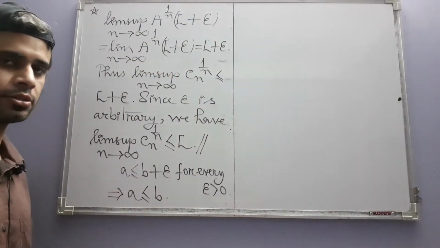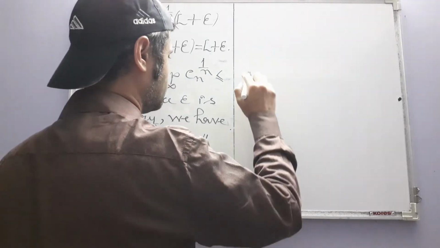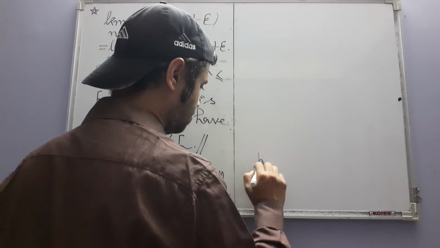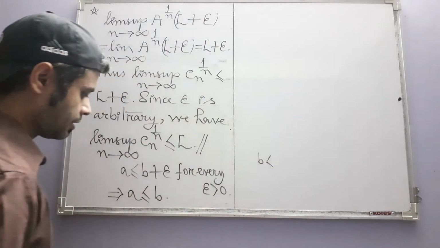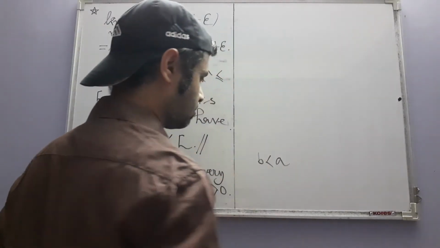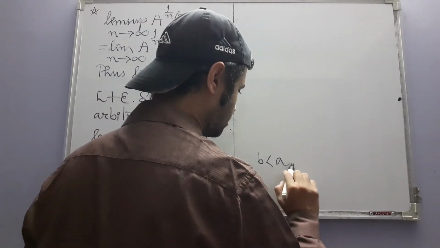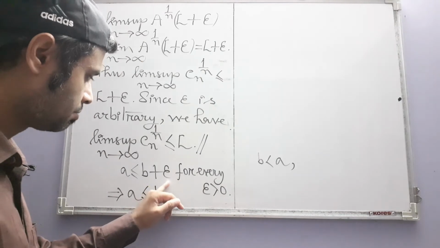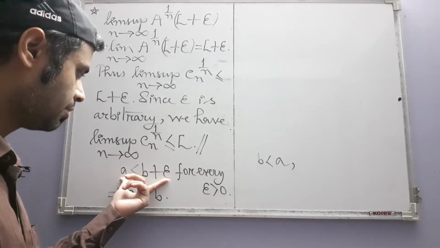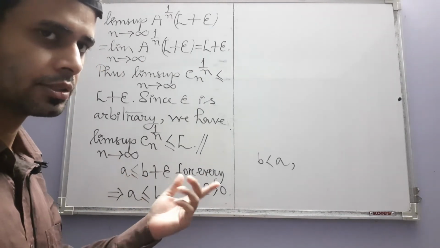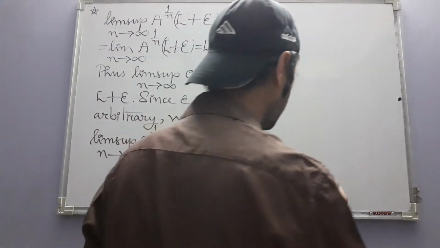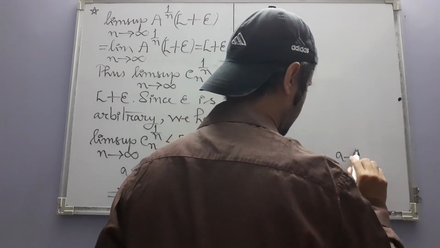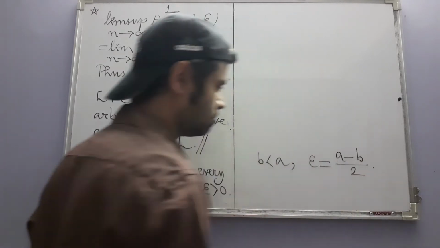Say this is not true, then let me show it here itself. Then b is strictly less than a. That means because you can choose any epsilon and put here, this inequality will be true, and that is our hypothesis. Because of that, in particular, you can choose epsilon to be equal to a minus b divided by 2 also.